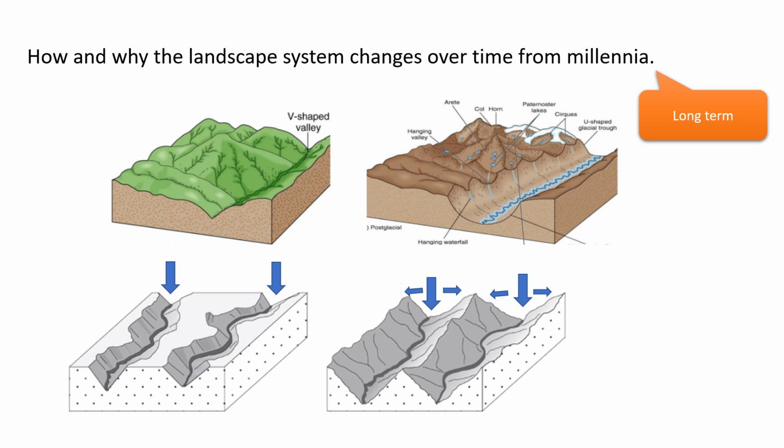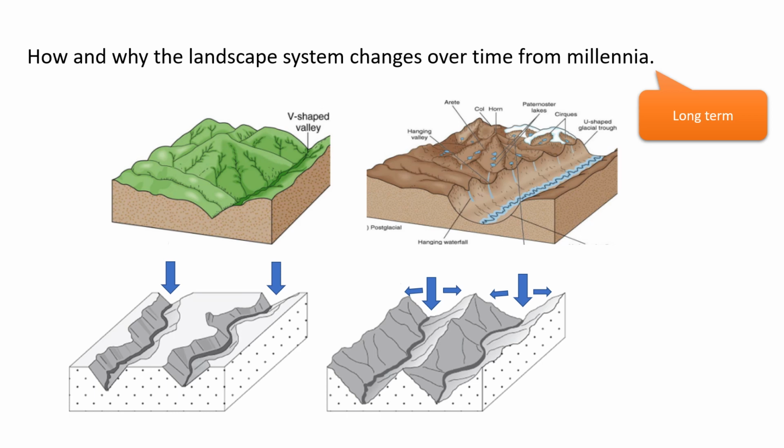So glaciers very often followed V-shaped valleys, which had been drained and eroded by rivers, but the sheer bulk of the ice meant that it changed them very slowly over very long periods of time, making those V-shaped valleys deeper and wider and changing them into a U-shaped valley.